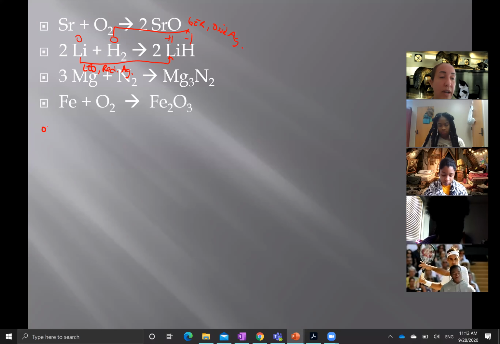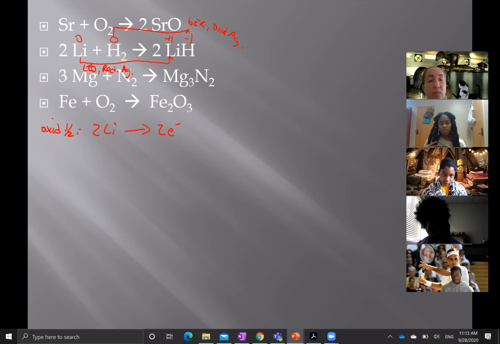Next, half reactions. Let's try. 2 lithium, and then you do the arrow, right? And then 2e with a negative plus 2 lithium plus 1.